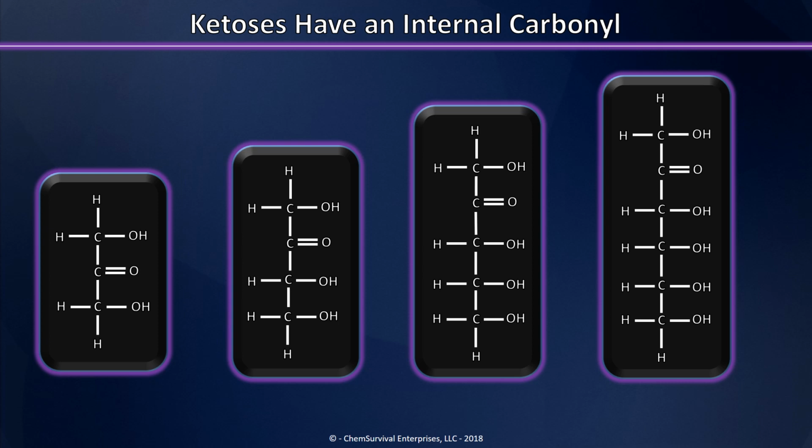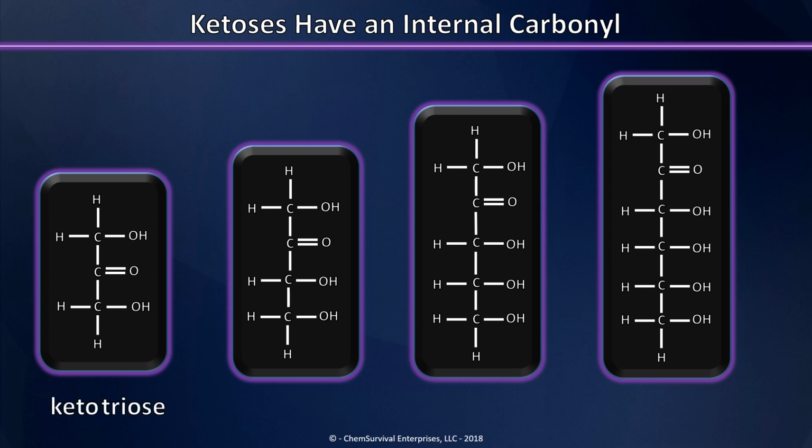Unlike aldoses, ketoses have a carbonyl which could be on any of the internal carbons within the carbohydrate. Although if you look closely at these common ketoses, what you notice is that that carbonyl almost always appears on the second carbon in. This is true of most biologically relevant ketoses, so that's what I've shown here. Let's take a look at that molecule on the left.